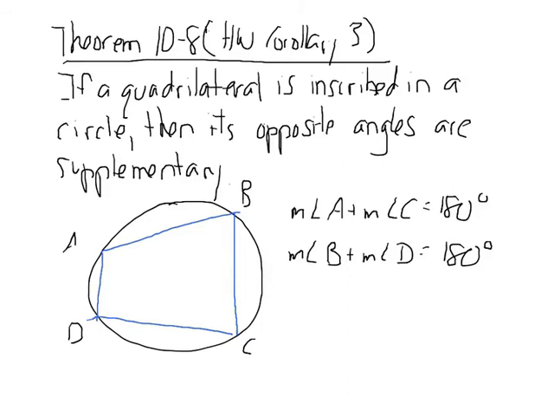Let's take a look at angle A first. So that would be angle BAD. Notice that the intercepted arc of that angle is going to be arc BCD. Also notice when you take a look at angle C, that is angle DCB, its intercepted arc is arc DAB.